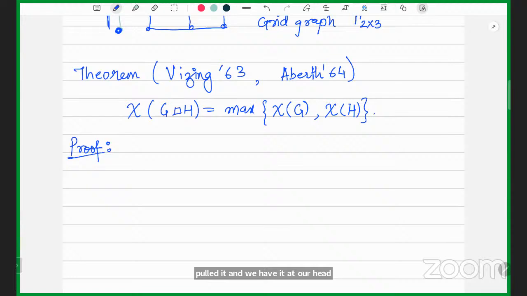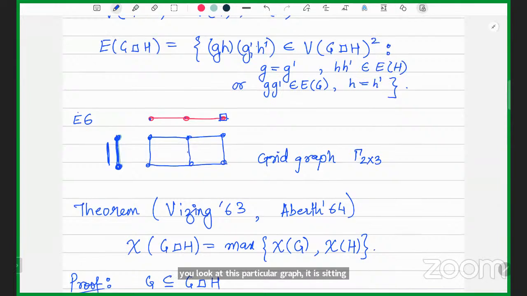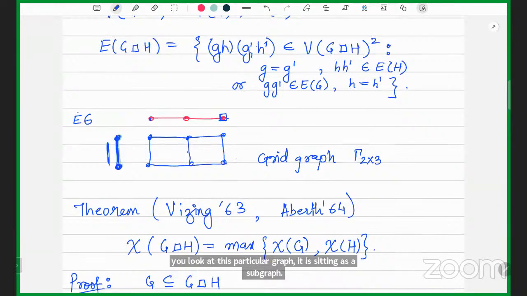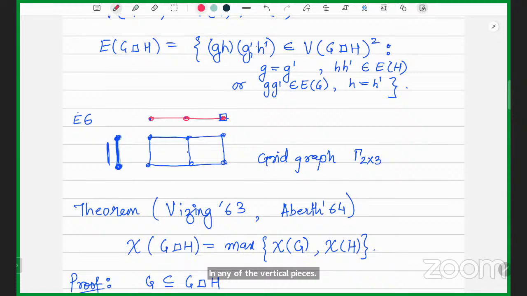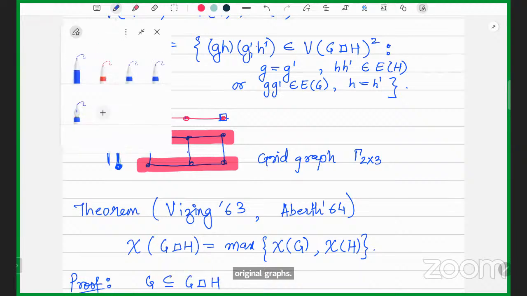So you see, G is definitely a subgraph of G Cartesian H, right? If you look at this particular graph, it is sitting as a subgraph in any of the vertical pieces. Or if you look at this, it's going to give you the horizontal graph copies, which means both of these graphs, the original graphs, appear in the Cartesian product.